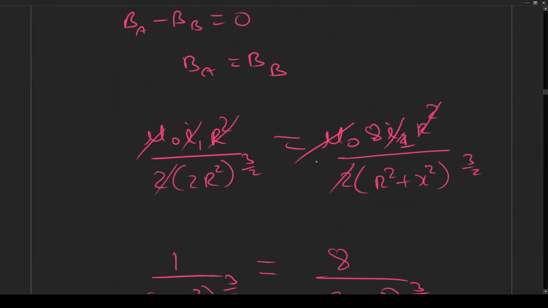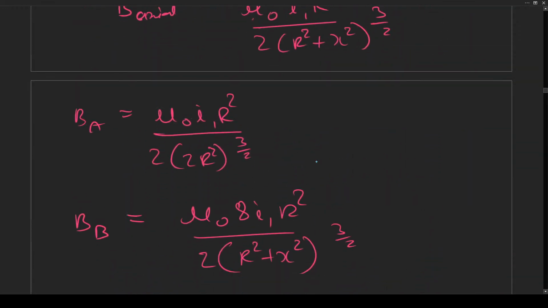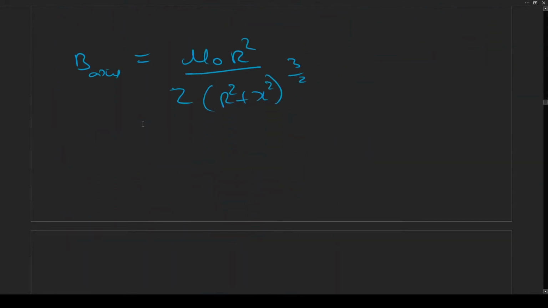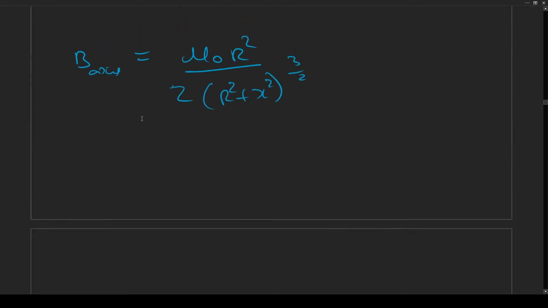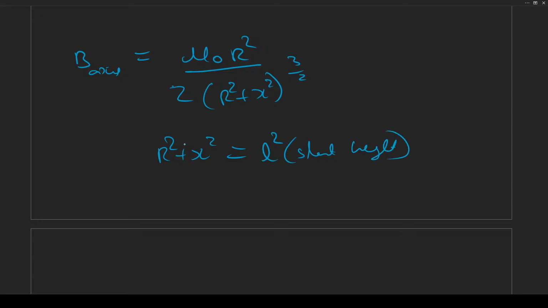This is the formula. And from a cone, R square plus X square is equal to L square, that is the slant height, L.